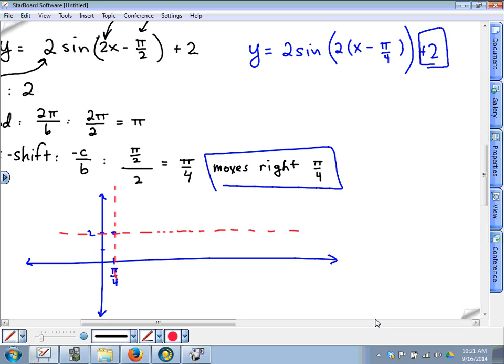So starting from that origin, what was the amplitude? What was the period? Pi. So I'm going to go a horizontal distance of pi on the new axis. So I'm just going to arbitrarily say, all right, over here is pi. But on the original x-axis, how far out are we really?